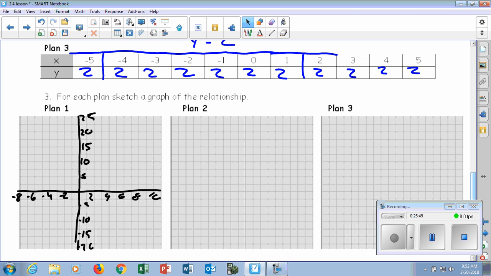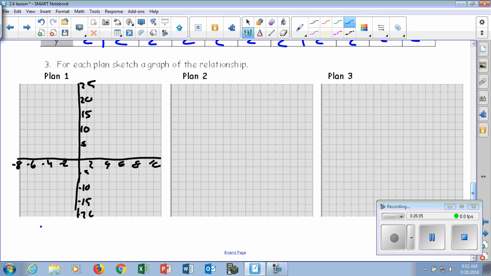So now I'm going to plot it at negative 5 for x. Negative 5 for x. I am at a negative 28, which is going to be about down here. I don't think I can go any lower on my page. Oh, I can a little bit. It's going to be about here.